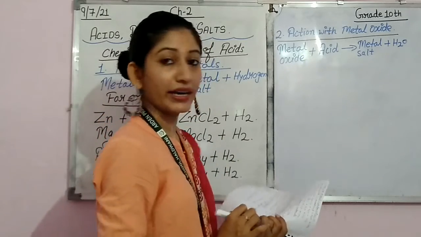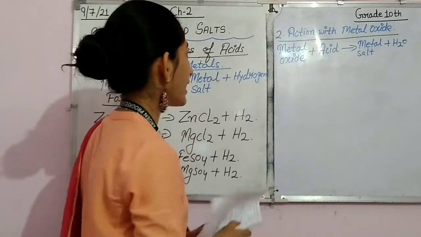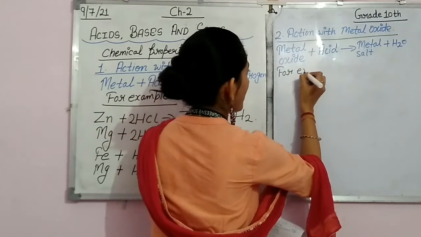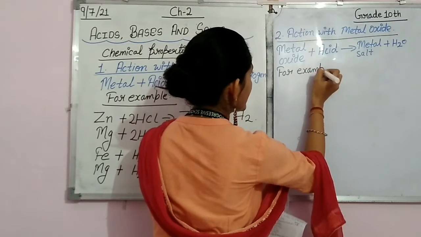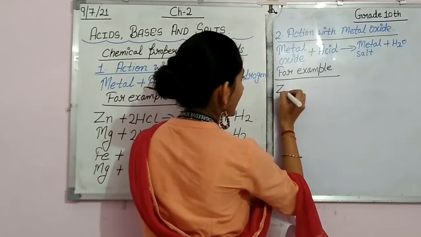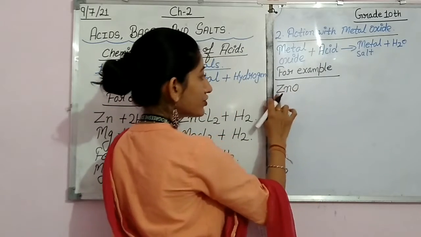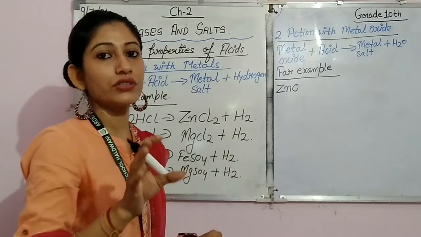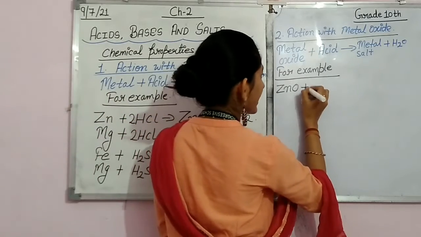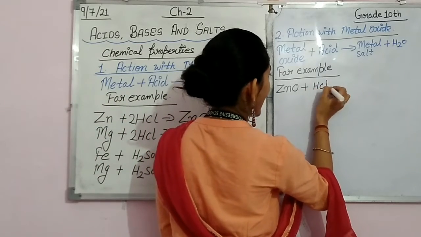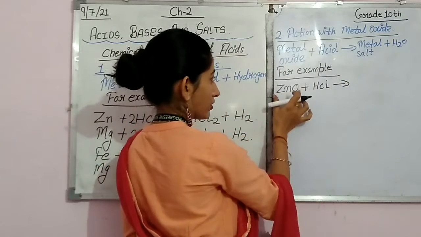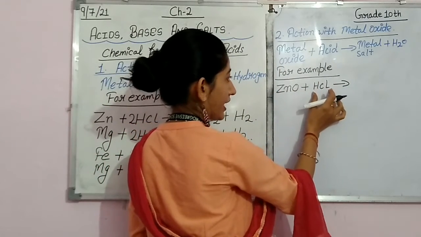For example, now we can see different types of reactions here. Suppose we are taking ZnO. ZnO is zinc oxide. Zinc is a metal and oxygen is here, so it becomes zinc oxide. Now this zinc oxide is reacting with dilute HCl.